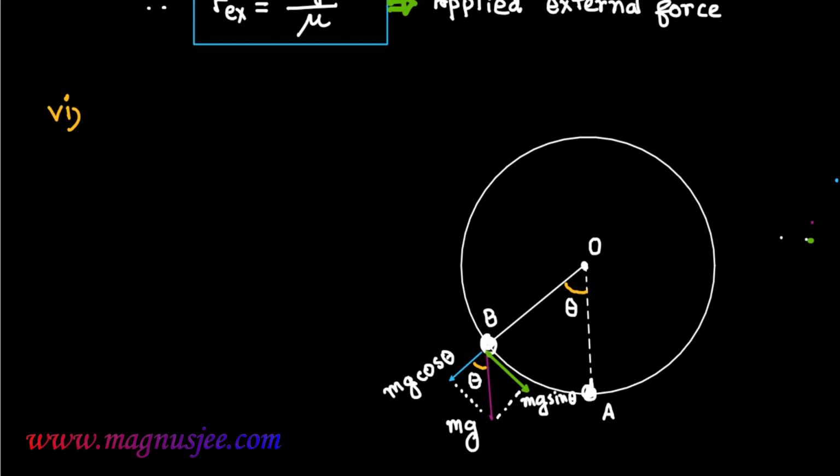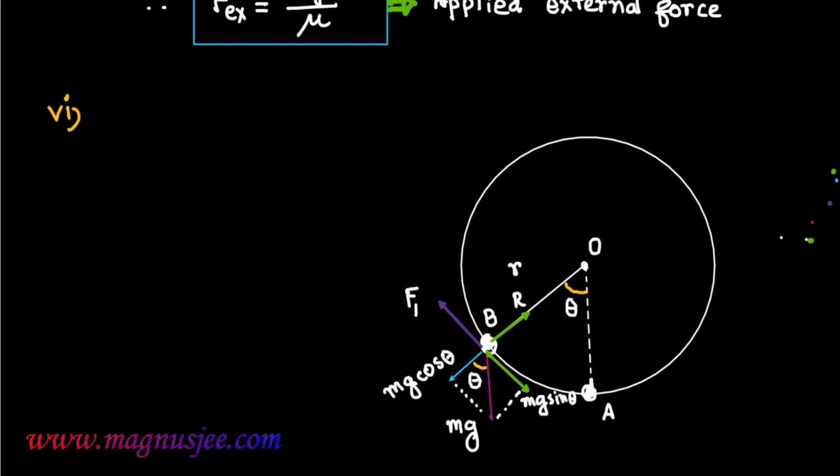And at the final point B, the insect will not slide down provided limiting friction Fl acts tangentially in this direction, and if Fl is equal to mg sin theta, the insect will not slide down from the point B, and radially inwards normal reaction R will be acting.